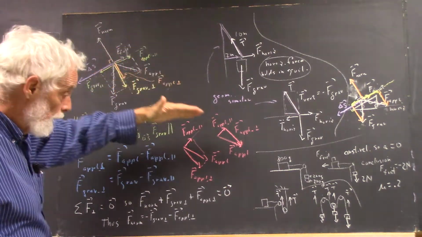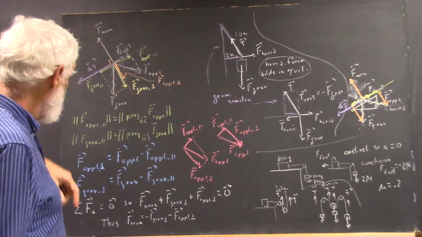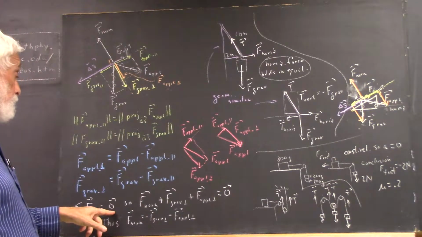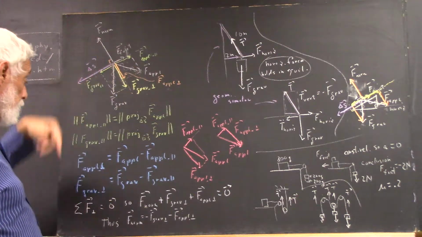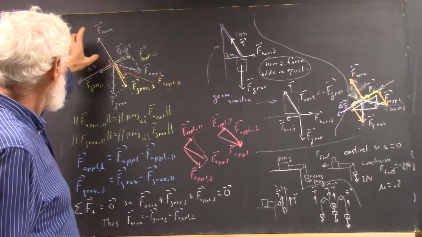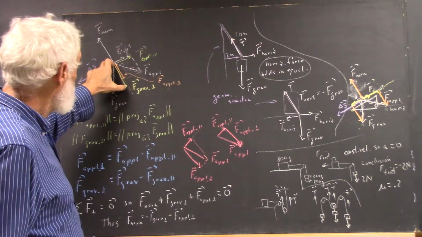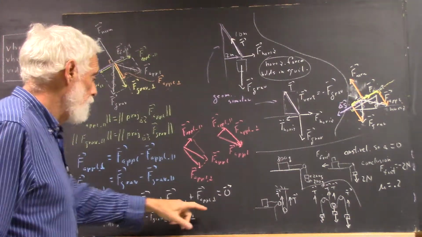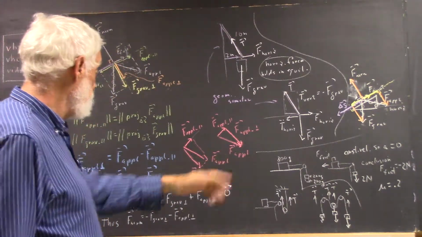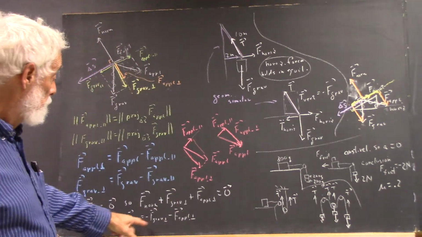It doesn't accelerate down through the incline, it doesn't levitate up off the incline. In that case, the sum of all your forces perpendicular to your incline, to your delta S vector, is going to be 0. Which means that your normal force vector, added to the component of your gravitational vector perpendicular to delta S, added to the component of the applied force perpendicular to delta S, has to be 0. So that your normal vector is just this.